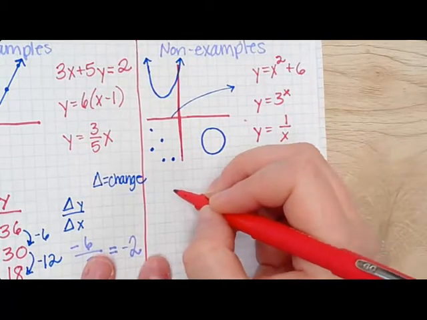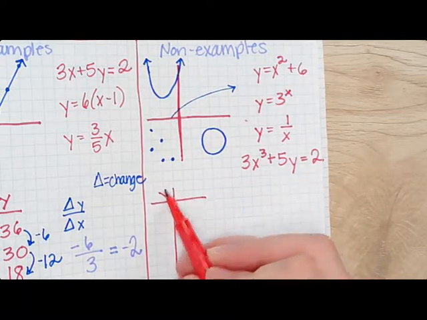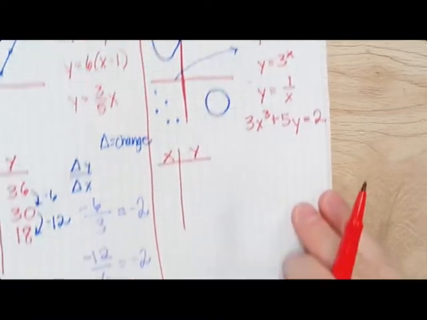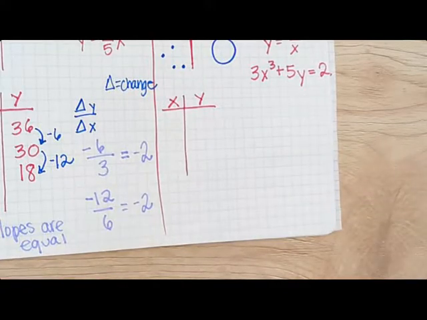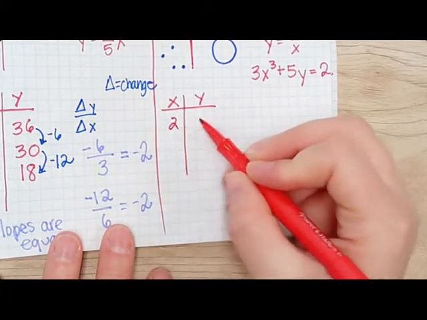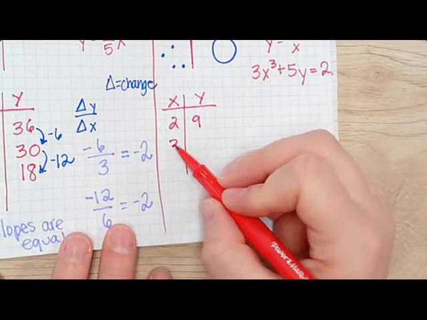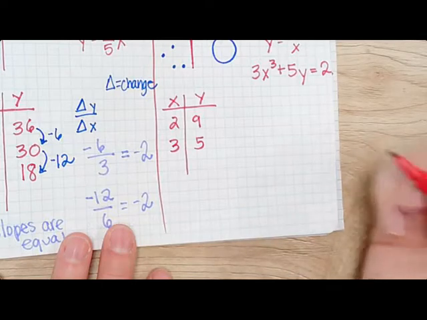Okay, let's do a table where it shows not a constant rate. X, Y. We'll do 2, 9, 3, 5, and 7, 21.